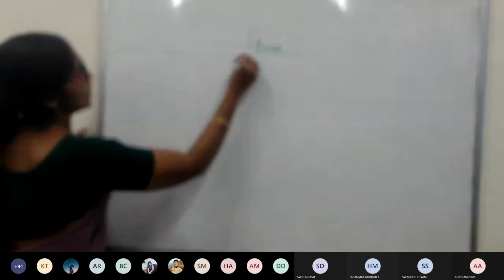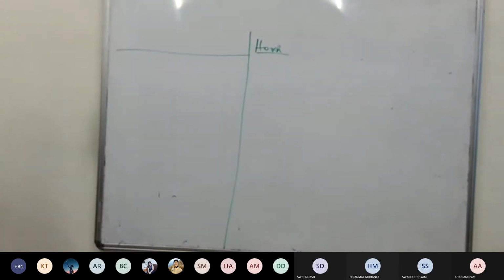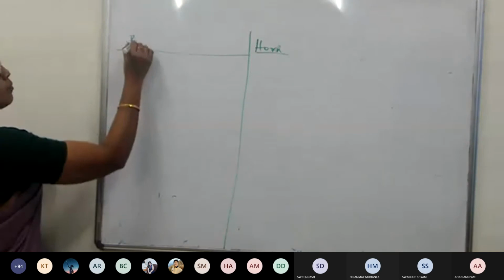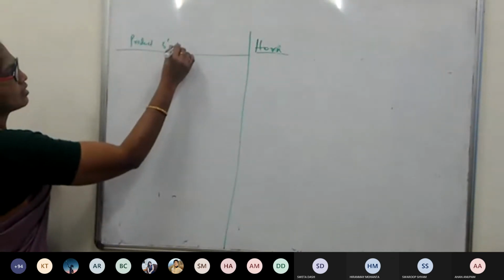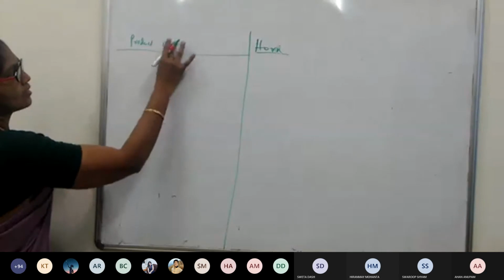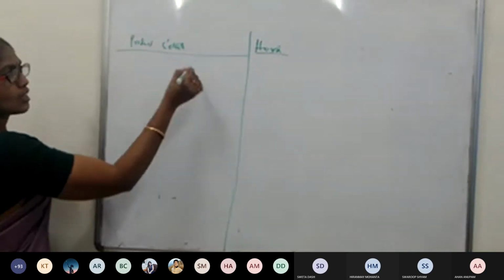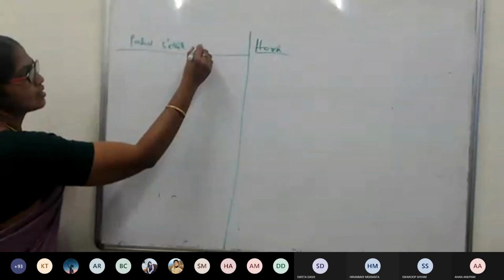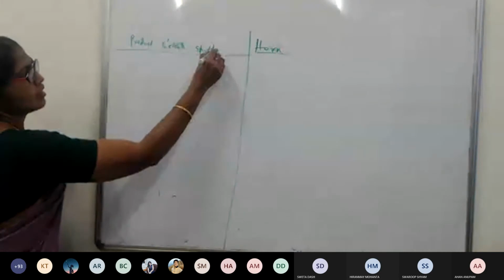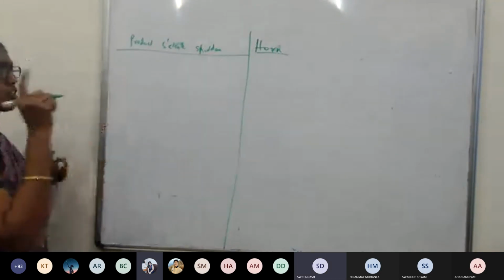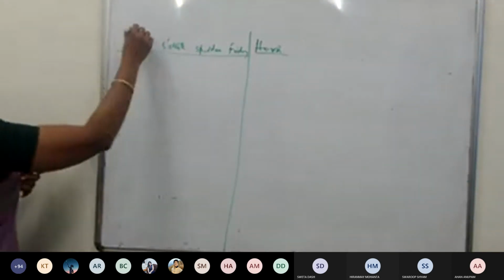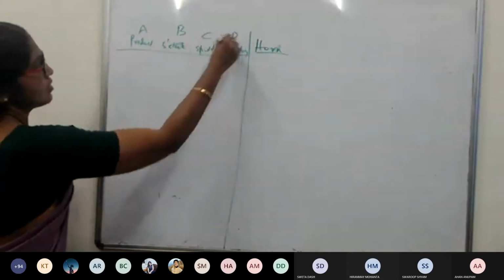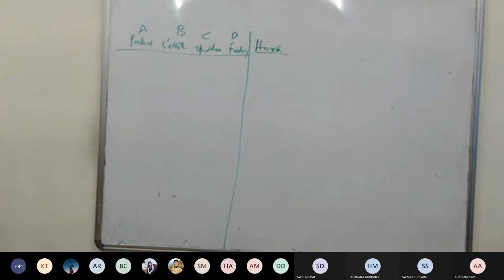So the input conditions are production, 5 o'clock, then what else? System shutdown, machine shut down, and production complete. So I can give some A, B, C, D to this. Afterwards, we can elaborate also when we are discussing the problem.